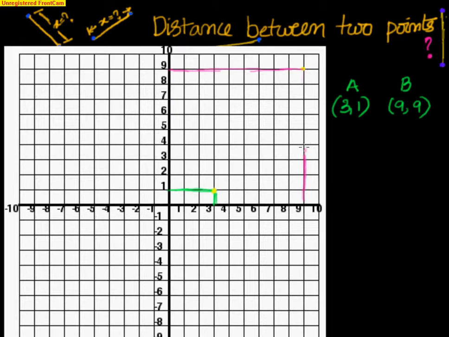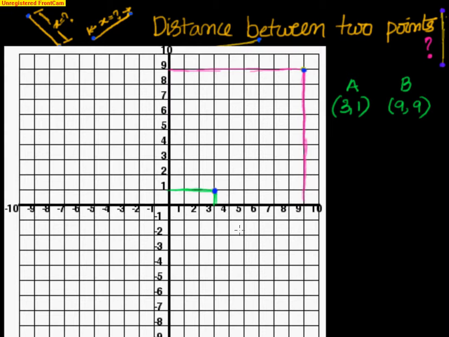I'm just trying to plot this with different colors so that you can see them clearly. So these are 2 points. This is the first point and this is the second point. Now we have to find out the distance between these 2 points.